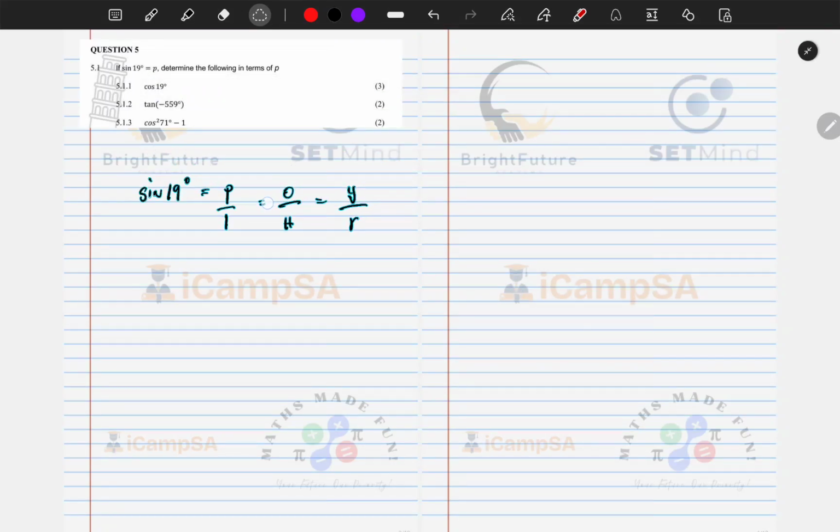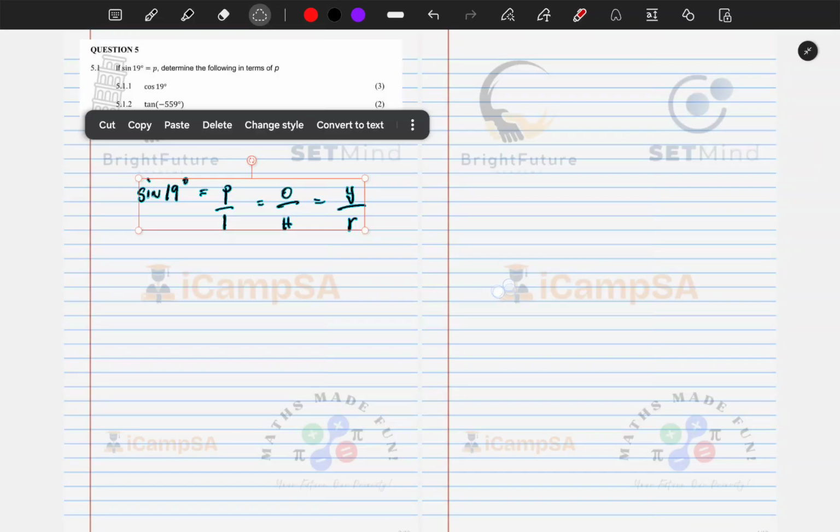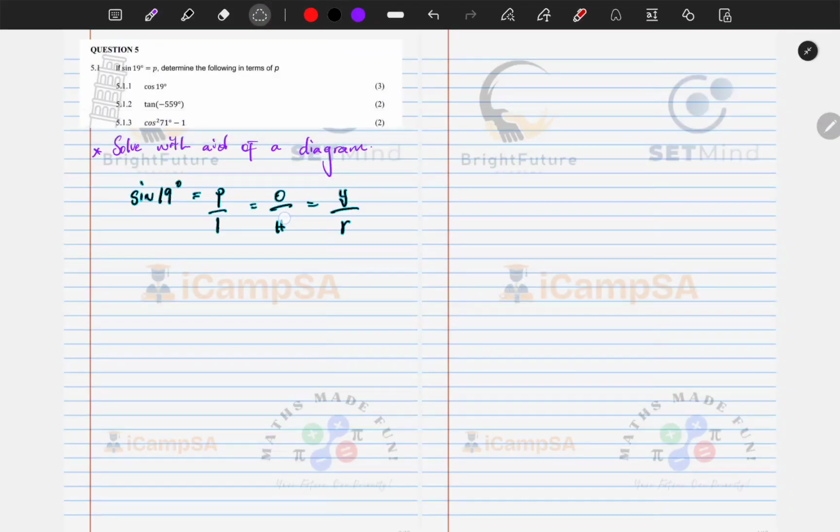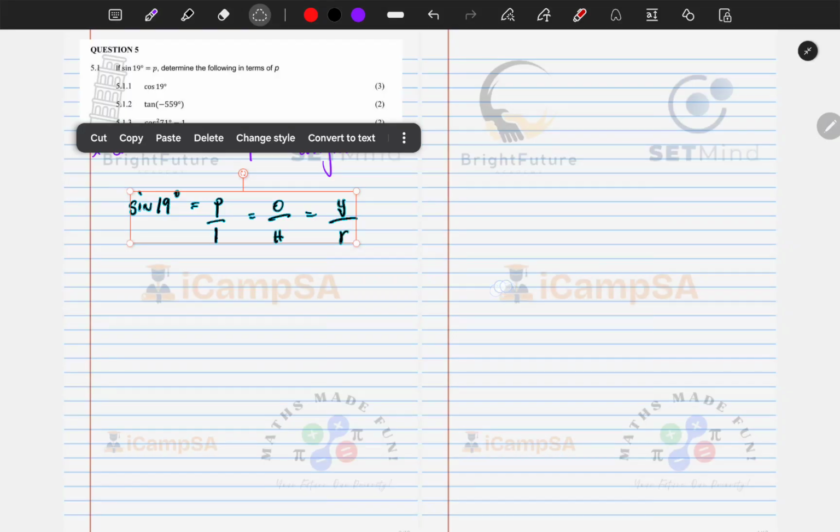So we are going to solve this with the aid of a diagram, even though they didn't say. So we can just write here that we are going to solve with aid of a diagram. That's the first step.